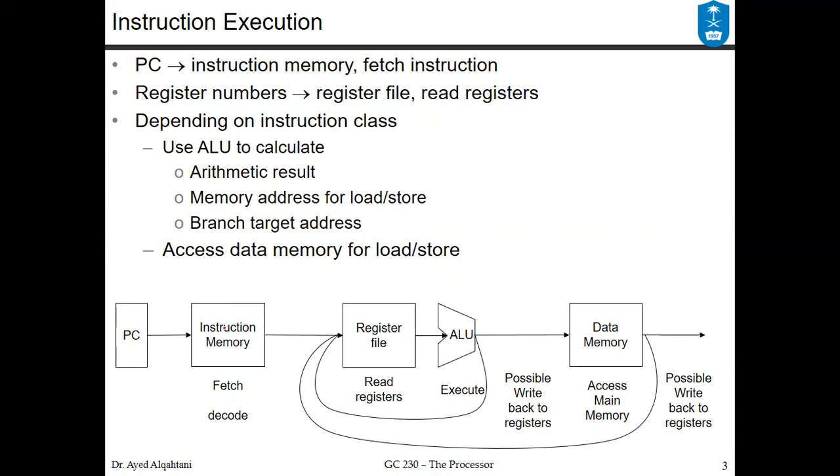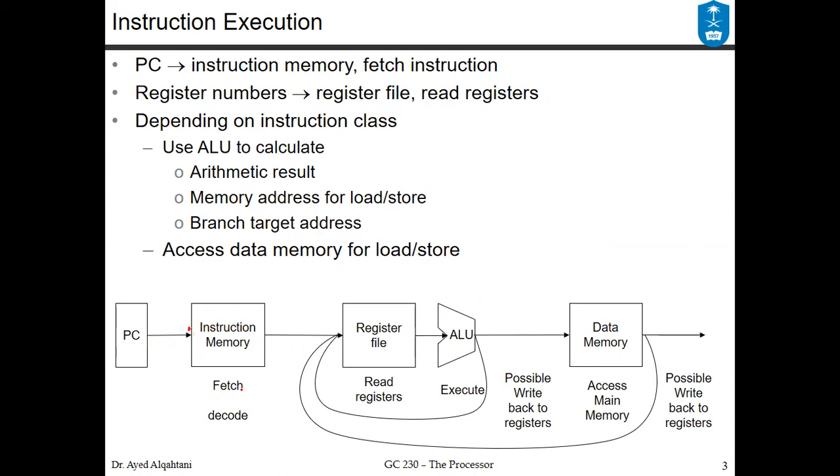So we go to the instruction memory, and notice that now we are splitting the memory into two. One of them is the instruction memory, and the other one is the data memory. Right now we are in the instruction memory, and the instruction is there. The PC helps us identify which instruction is the current instruction by having the address.